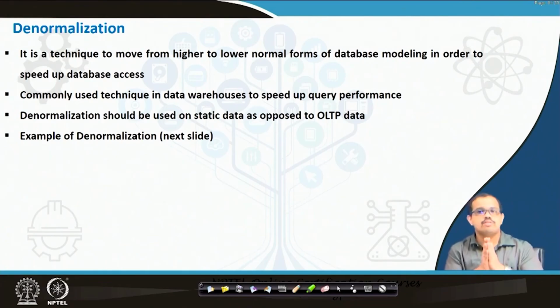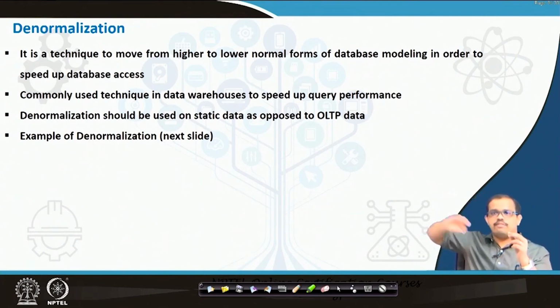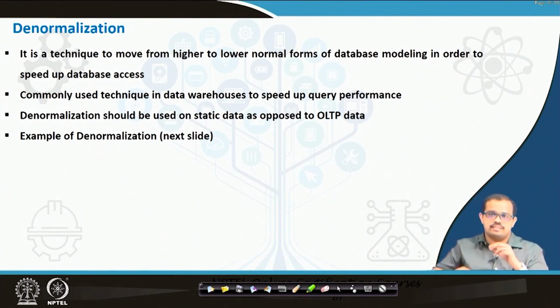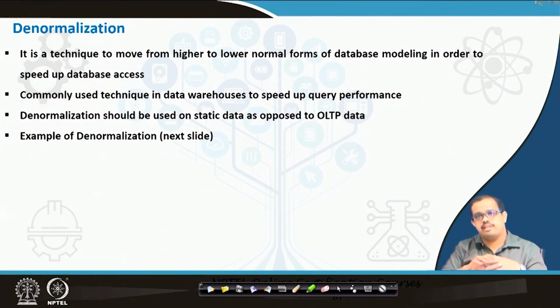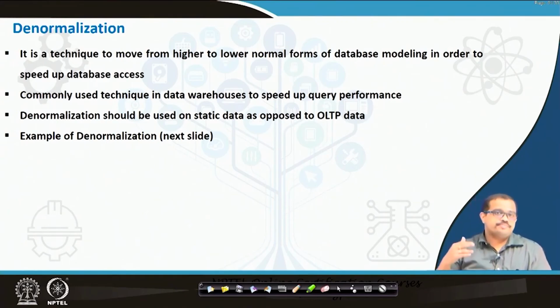Many times the fourth normal form or the fifth normal form may take a bit higher time, because if it has a lot of connections, then reaching the nth connection may take a bit of time, but not in today's computational context. Denormalization is a commonly used technique in data warehouses to speed up query processing.